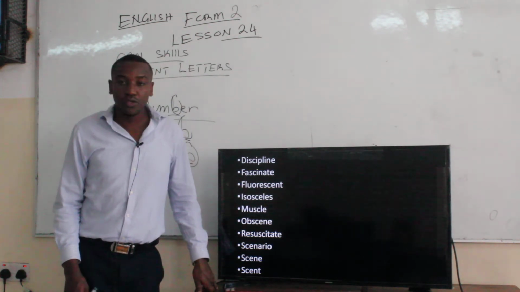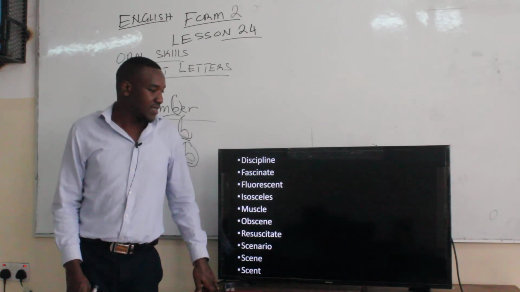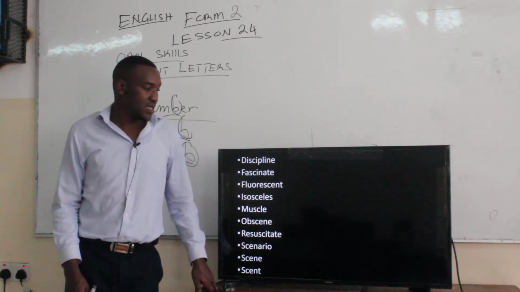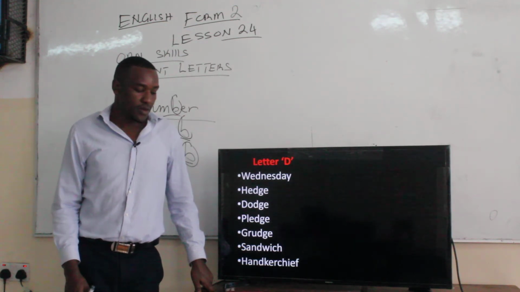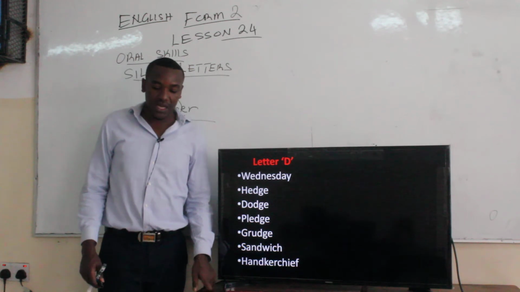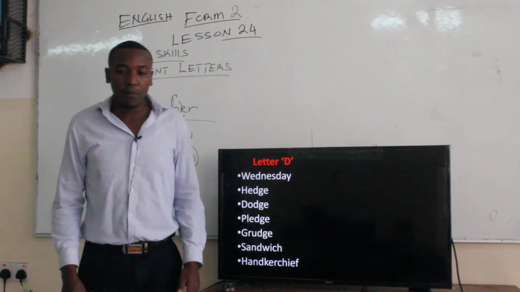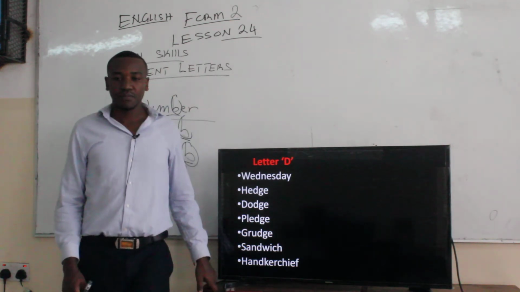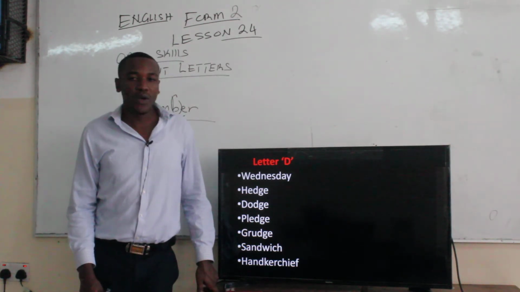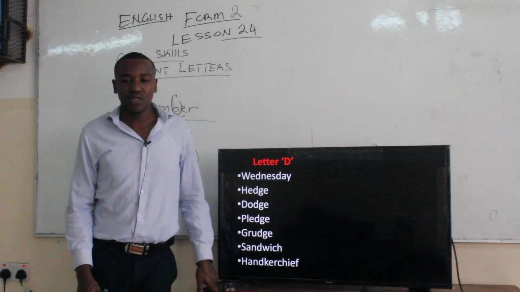And then we go to letter D and see which words have D as a silent letter. You will agree with me that when it comes to spelling the word Wednesday, most of us really forget the D, and it's supposed to be there. Wednesday, not Wed-nes-day. Then page, the D will not be pronounced.